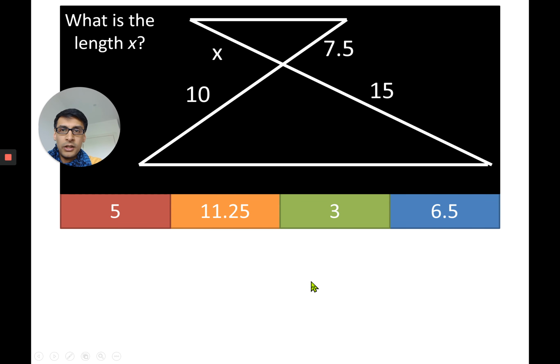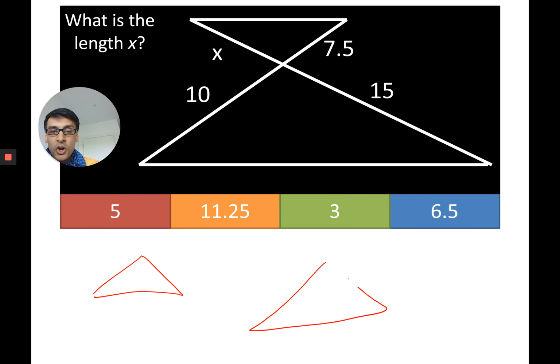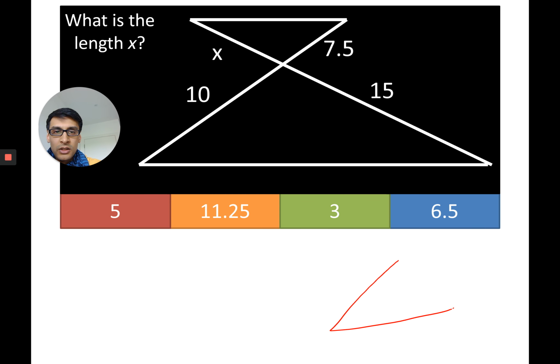Okay, now I'm going to go through the answers. I'm just going to sketch out the top triangle the right way around. You have to be really careful not to simply make that X and 7.5. Make sure you sketch them carefully so the corresponding sides match. So let me do the big one first, actually. So it's 10 and 15.